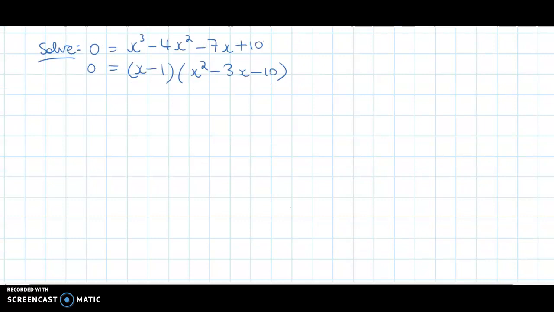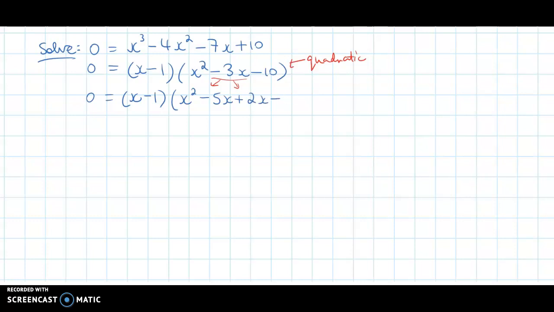Okay, last part. So I've factorised out x minus 1, and you can see here I've got a quadratic left over that I need to further factorise. So I continue this factorising. What factors of negative 10 add to give this negative 3x in the middle? Because remember, this is what we're trying to split up. And hopefully you've thought, I know that negative 5x and positive 2x add to give negative 3x.